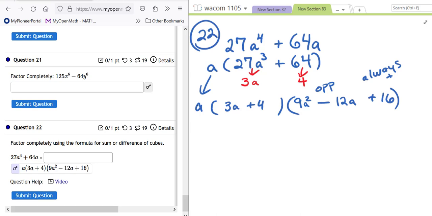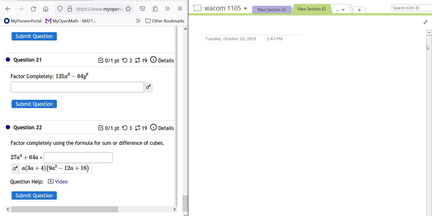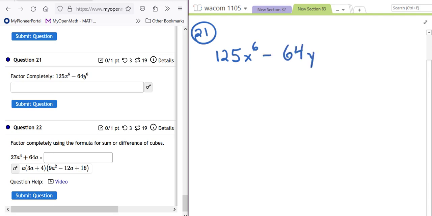So we'll just check that. So we're good there. All right, now we'll backtrack to that one that I said is tricky. 21. All right, so we have two terms. We have no GCF.